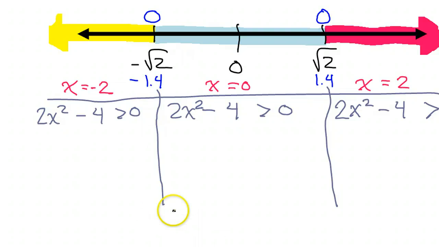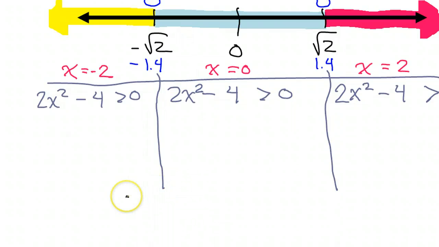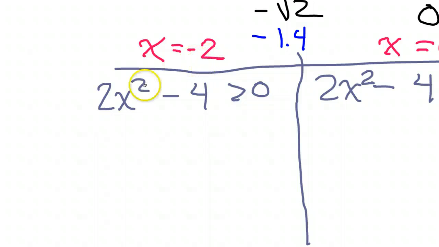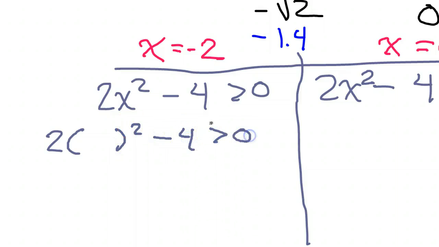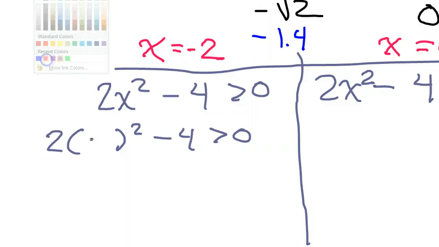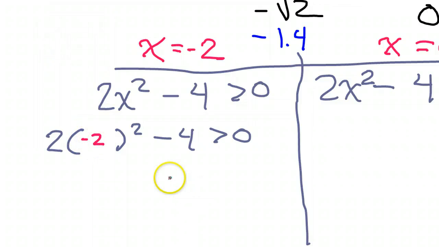Okay, so let's do our test values now. I need to substitute negative 2 in for x. If I were you, I would use parentheses when I substitute in. So I've got 2 parentheses squared minus 4, and inside the parentheses, I will put this negative 2.